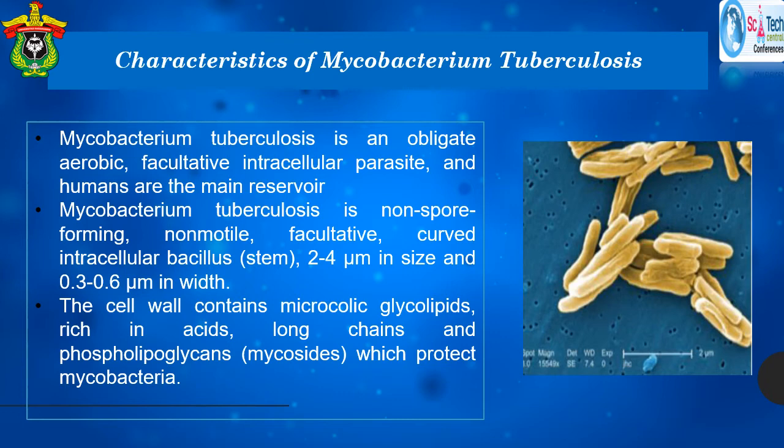The cell wall contains mycolic acids rich in long-chain fatty acids, and phospholipoglycans or mycosides, which protect the mycobacteria.